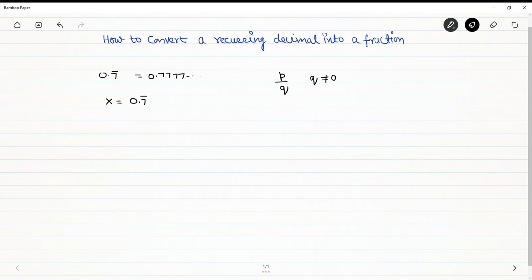Maybe only one single digit is repeating, maybe more than one digit is repeating, maybe a mixed type of decimal where some numbers are non-repeating while others are repeating. So different types of questions will be there, but every time the method will be the same. The interesting thing is we need to learn one single method, and then we can utilize the same every time. So let's see.